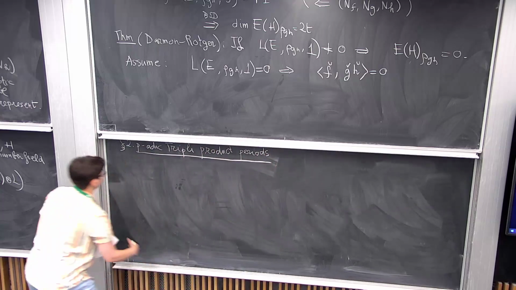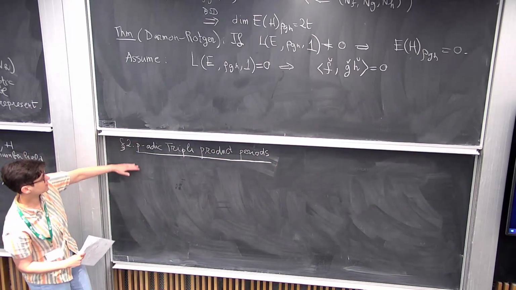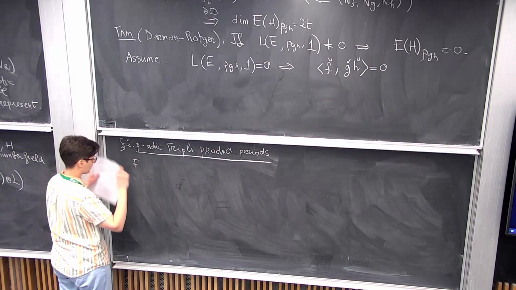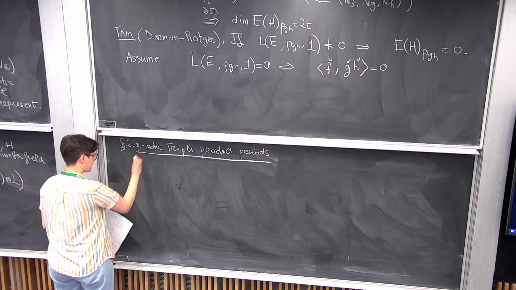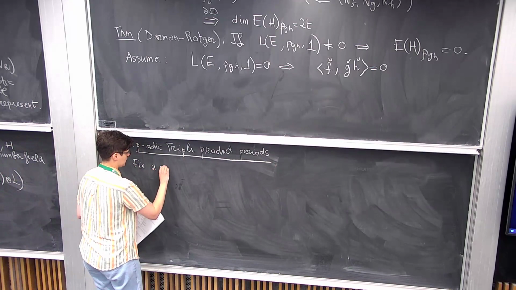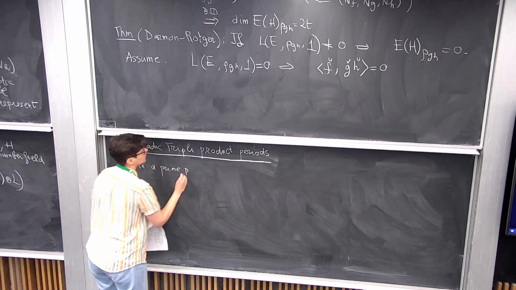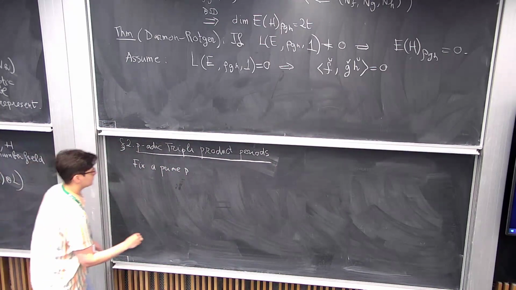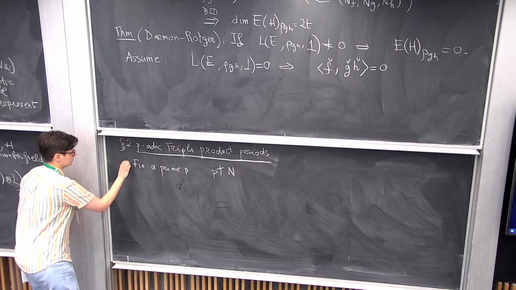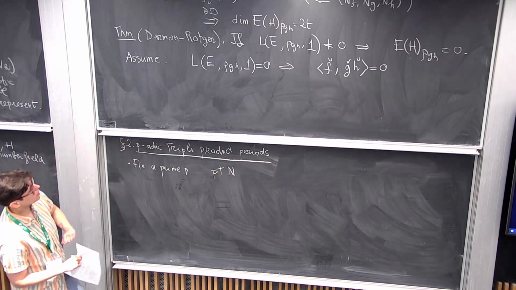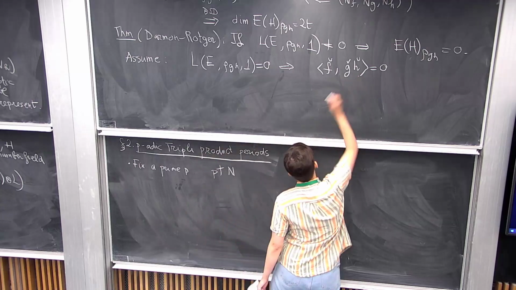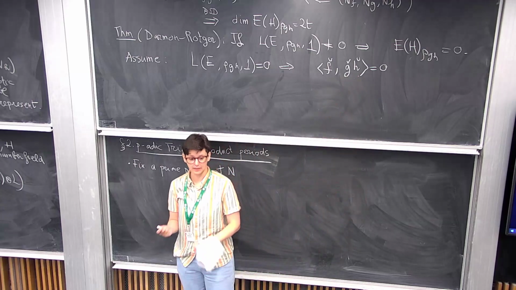So I will first describe this p-adic setting, and then move to what I call the tame setting. So in the p-adic setting, I want to fix a prime p that I'm going to assume does not divide any of the conductors. And I also want to pick one between G and H and treat them a little bit differently. So I want to break the symmetry between the two.